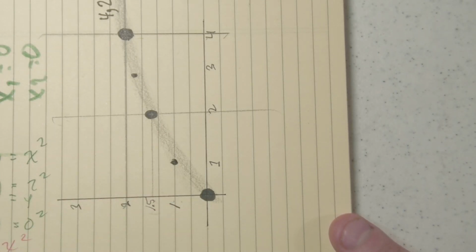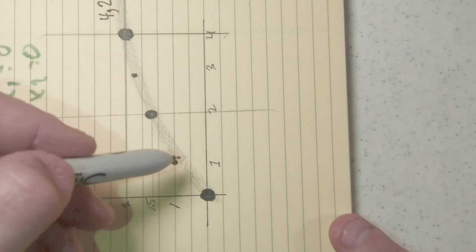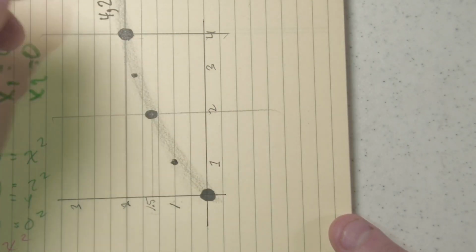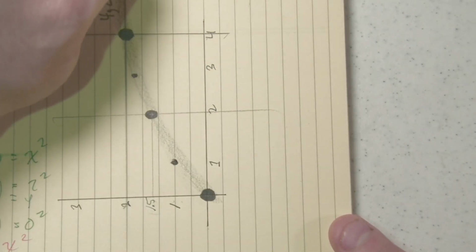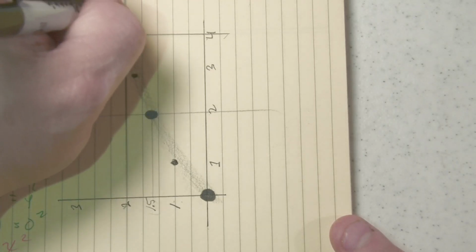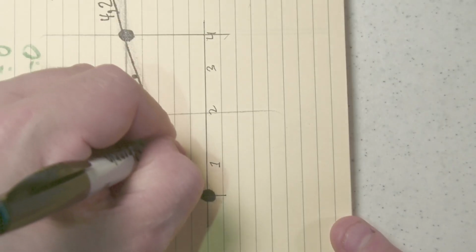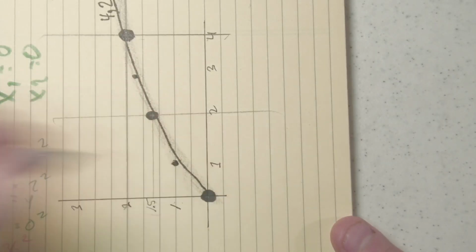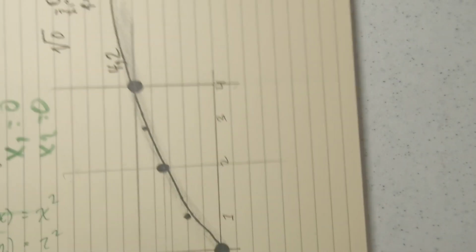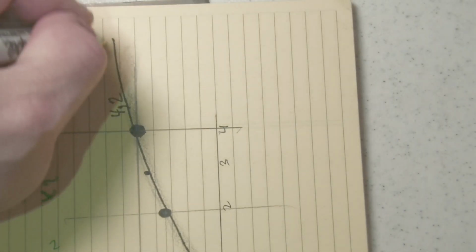And now I have a guide path to follow with my permanent marker, and you're just connecting the dots. Kind of like that. Arrowhead up top.